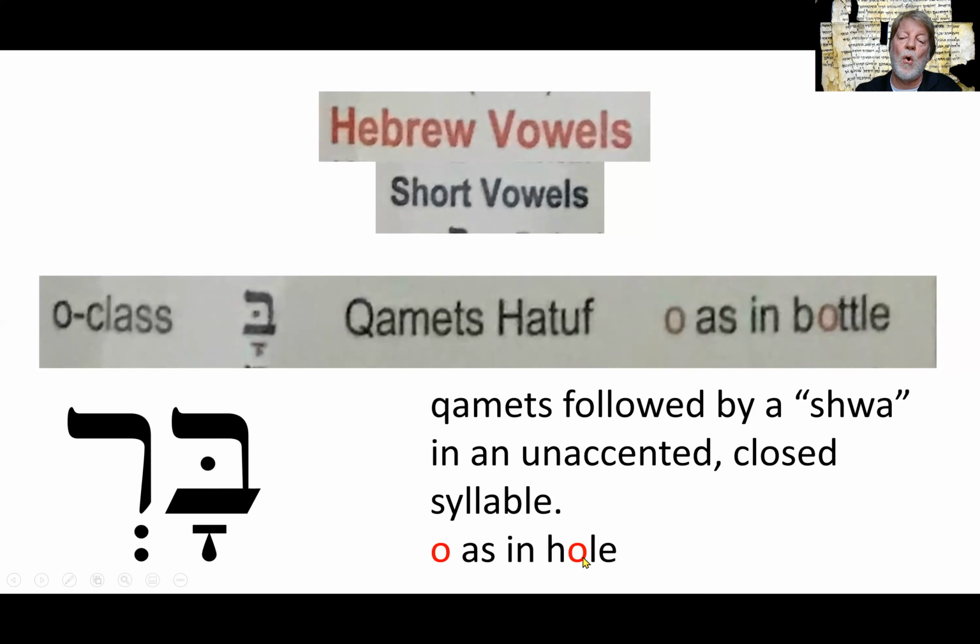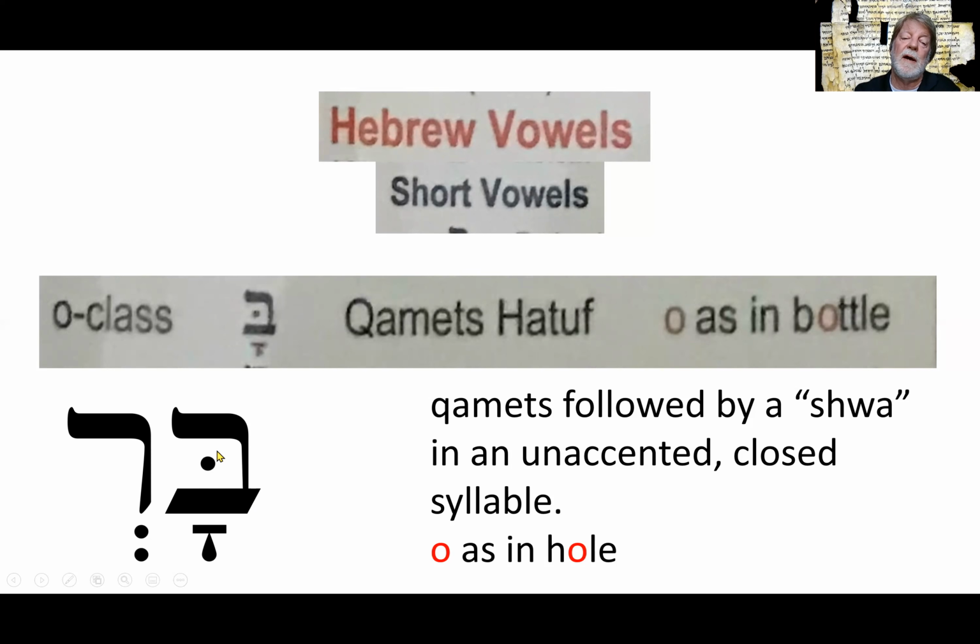O as in whole. So in other words, we're saying the sound of the O. Because there's a shva after this, the kamats is not pronounced as a short ah sound. It's pronounced as a long O sound.